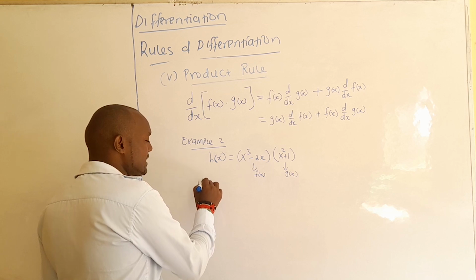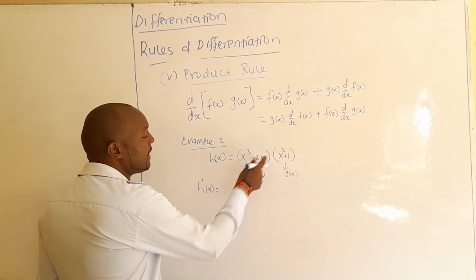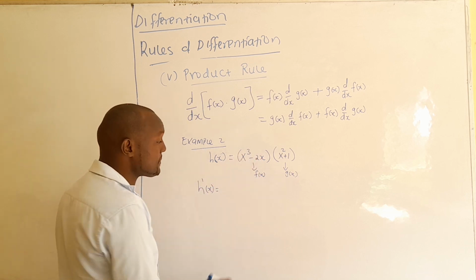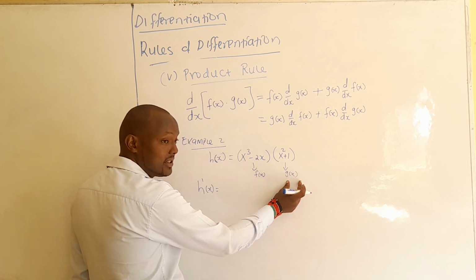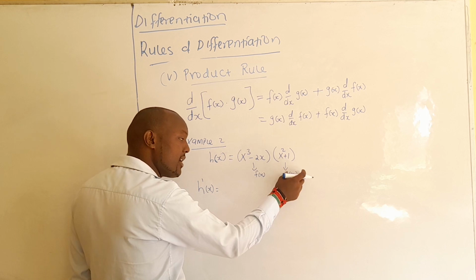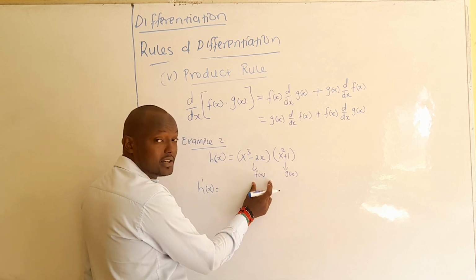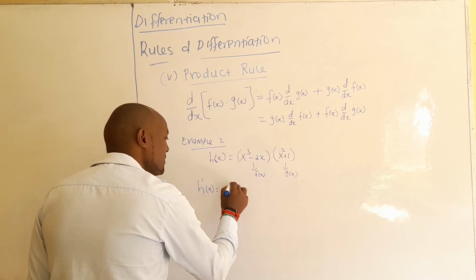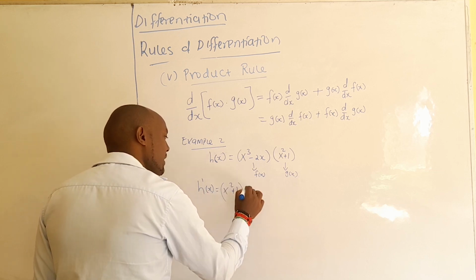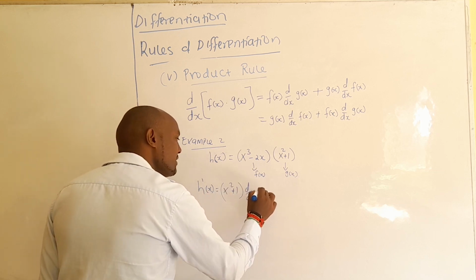If I want to get the first derivative of my function h, I need to hold this one constant, then I differentiate this one. The next time I hold this one constant, I differentiate this one. So this time, I may hold this one constant first of all, then I differentiate this one.